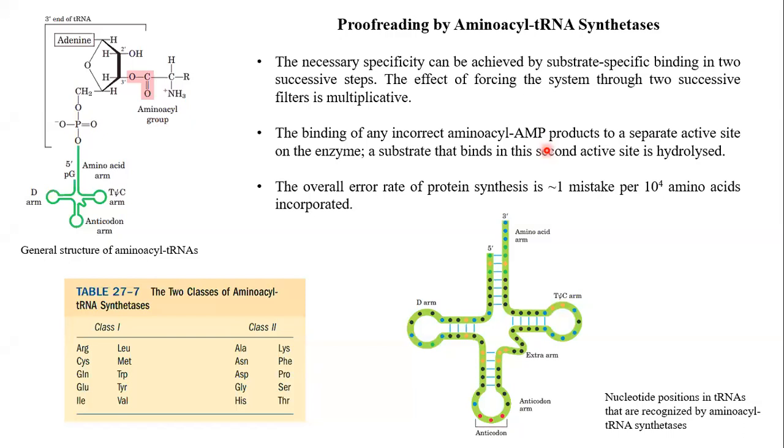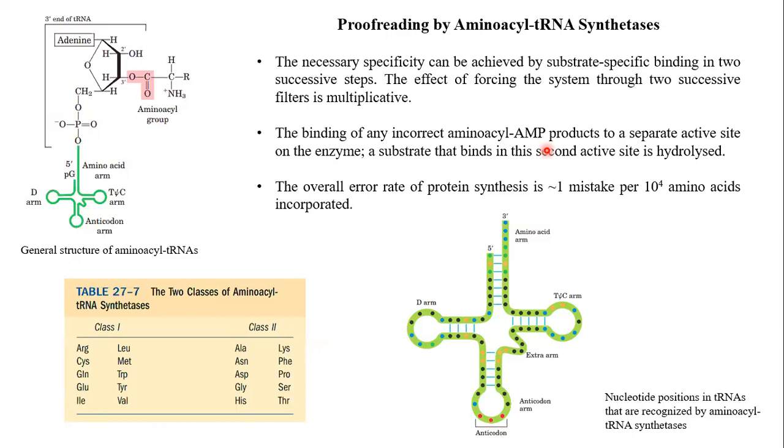If valine gets incorporated, that is valine AMP forms, then this valine AMP gets attached to a different binding site, which hydrolyzes valine and AMP, because valine has a shorter side chain because it doesn't have that methylene group. So it has a shorter side chain, so it fits in the different binding site, not in the isoleucine binding site.